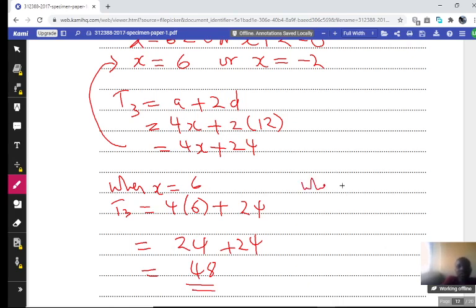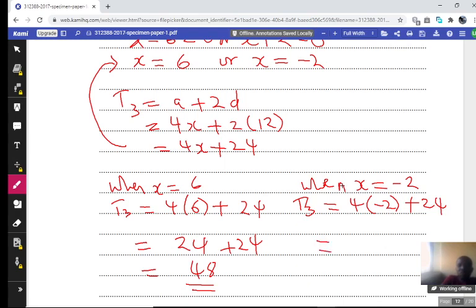Then when x is equal to minus 2, what will be the value of the third term? So you say term 3 is equal to 4 times minus 2 plus 24.